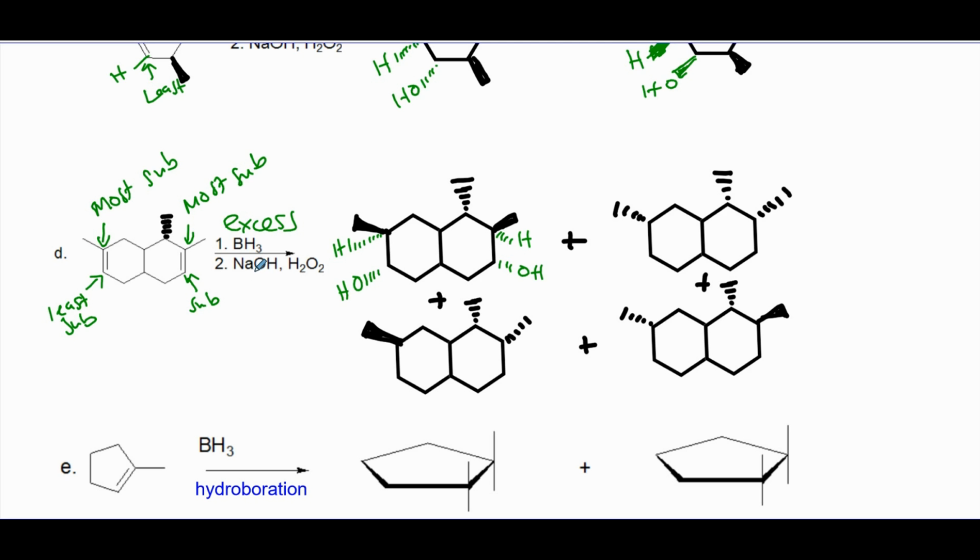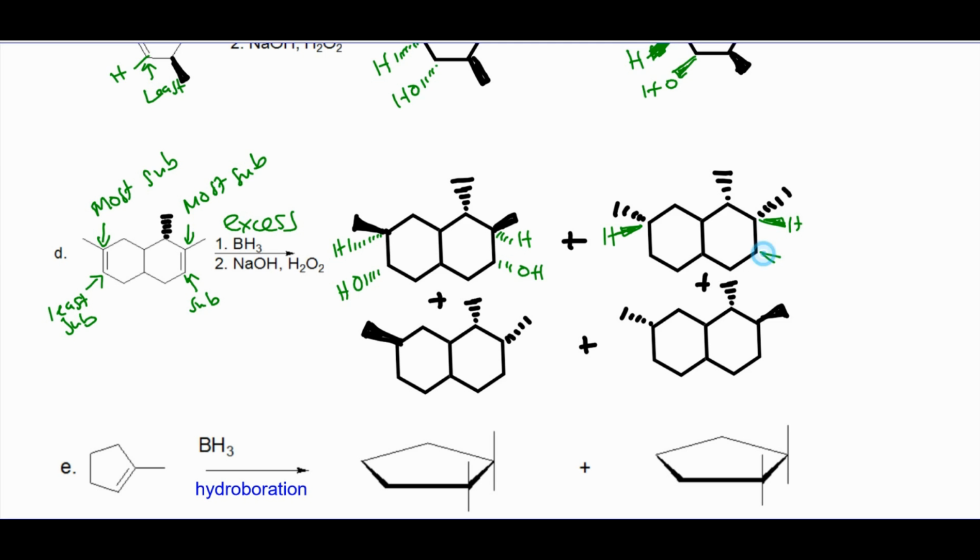Now if the mechanism is happening adding from the top side, the H and OH adding from the top side in an anti-Markovnikov fashion, no shifts, no rearrangements for this type of reaction, for hydroboration reaction, then you should end up with these two products where the H here is added from the top.